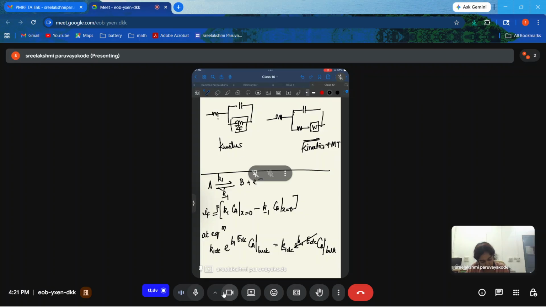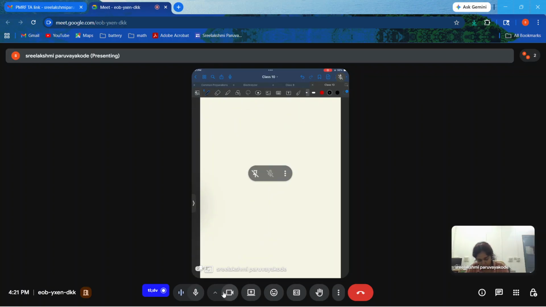Because it's at equilibrium, these terms cancel out and you have something called K1 dc or K1 naught. I write this K1 naught CA bulk equal to K minus 1 naught CB bulk. So this is how your expression will be.